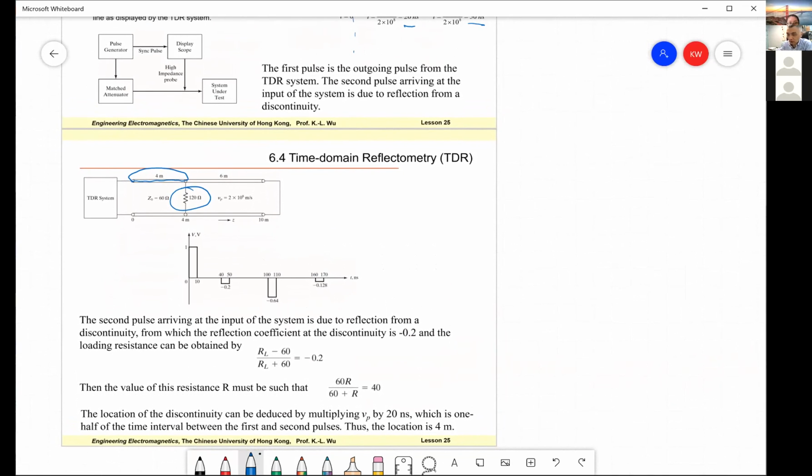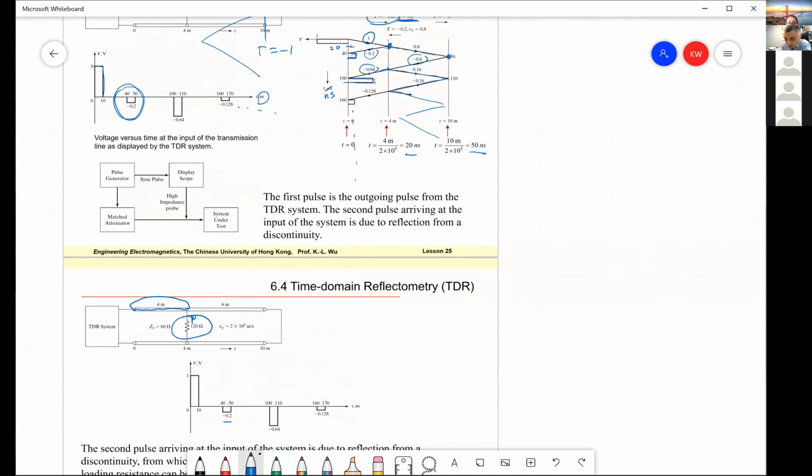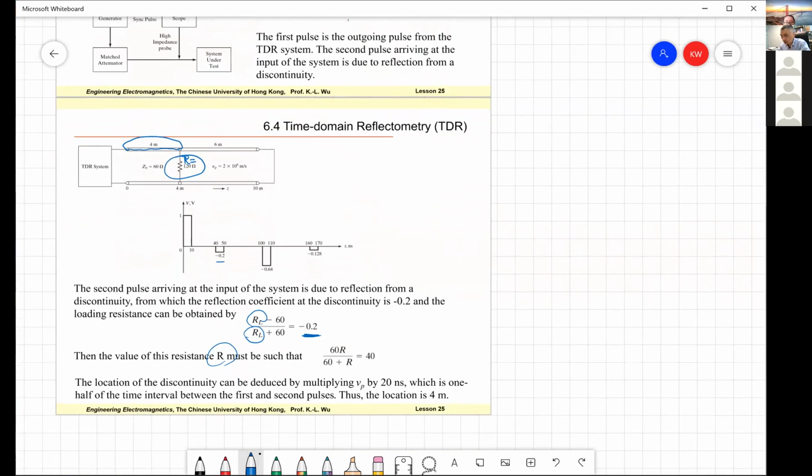Therefore, if we know the signal we launch is 1 and the signal we receive is 0.2, we know the reflection coefficient must be calculated this way. We can determine what resistance R is. This R is 120.